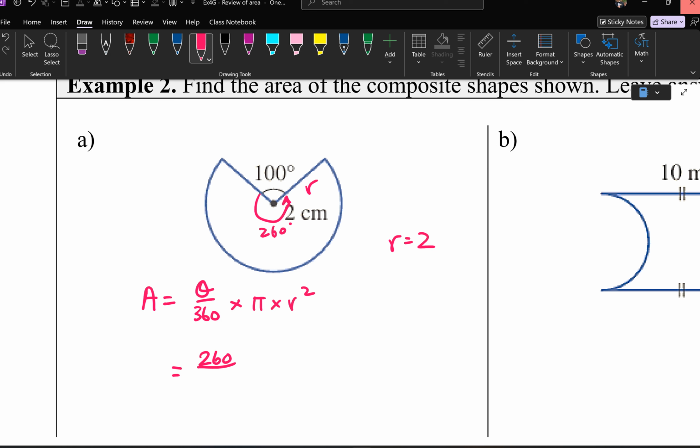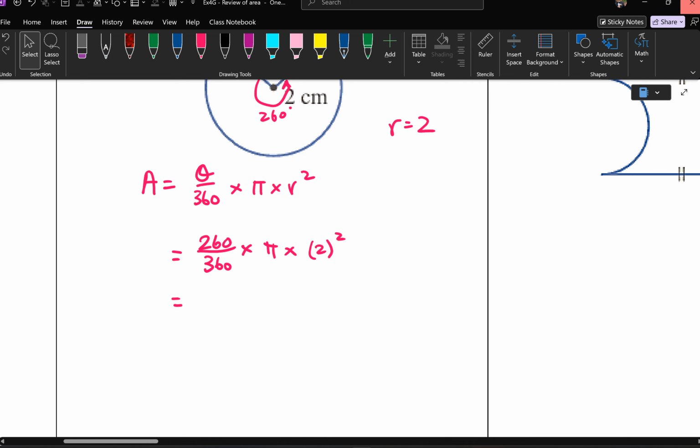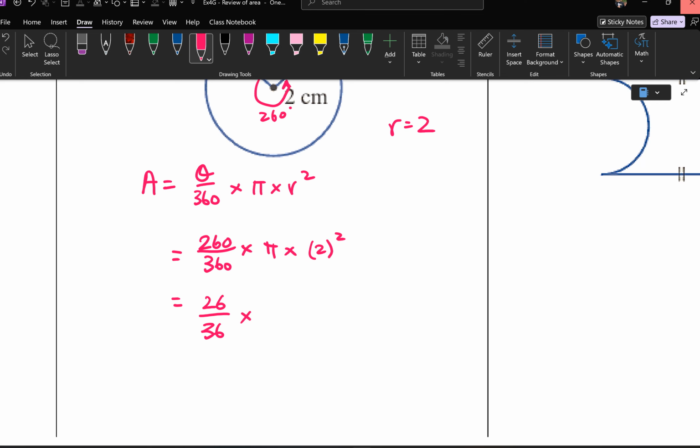Therefore, it's 260 out of 360 is the proportion we want, times pi, times the radius, which is 2 squared. All right, let's simplify now. 260 over 360 is the same thing as saying 26 on 36 times 4 pi. 26 over 36 times 4 pi can be reduced to?